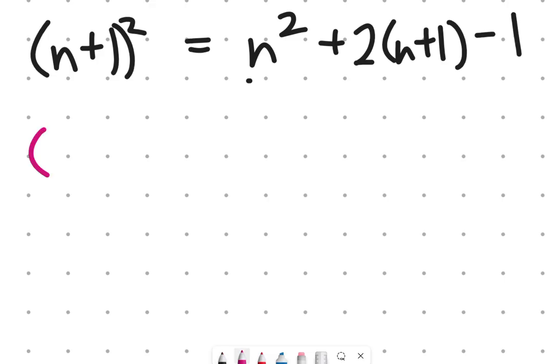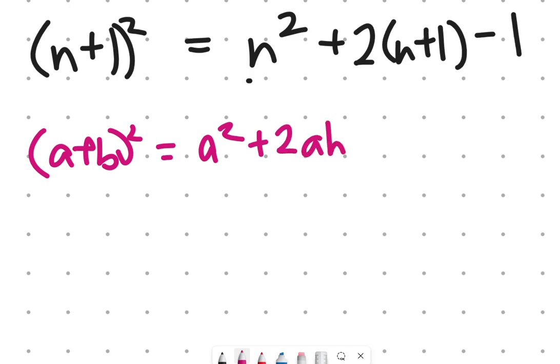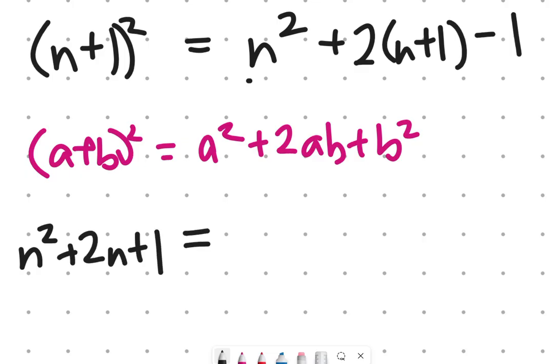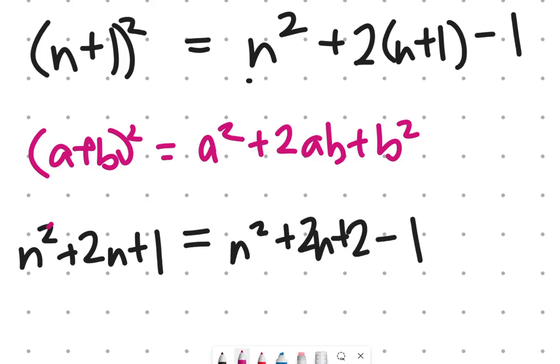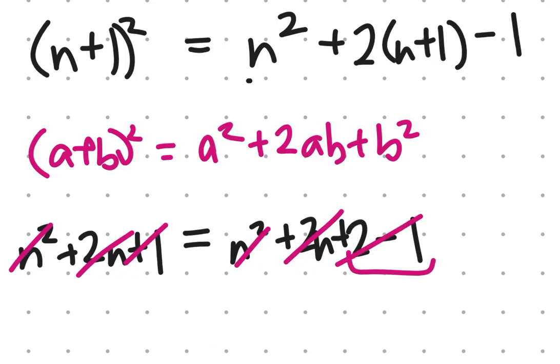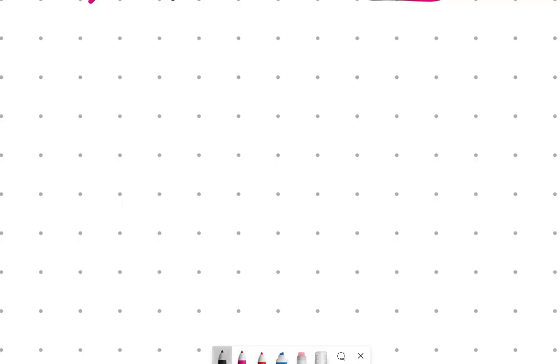By the binomial theorem, a plus b squared should be equal to a squared plus 2ab plus b squared, which means we can state this as n squared plus 2n plus 1 is equal to n squared plus 2n plus 2 minus 1. So the n squares will cancel out, the 2n's will cancel out, and 2 minus 1 is equal to 1, which will also cancel out with the 1 on the other side. So at the end, we will have 0 is equal to 0, which means for any n, this is proven.